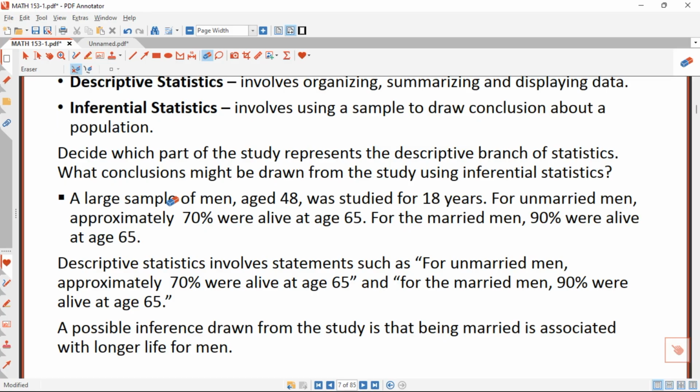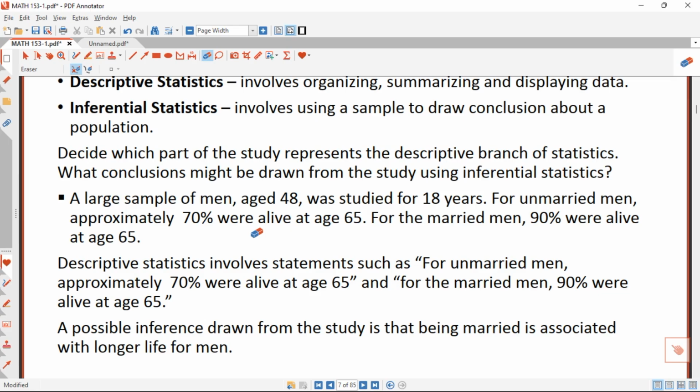They have used inference to draw the conclusion that when you marry, you live longer than unmarried people, right? From the study, because according to the study, we are having 90% of those who are married living, but here 70% of those who are unmarried live at age 65. So this is something small that I can give you on descriptive statistics and inferential statistics.